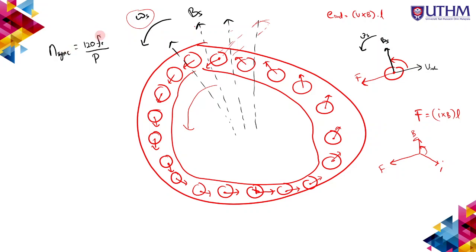From the power supply, it will generate the stator current. Okay, and then it will produce a magnetic field, and from the magnetic field it will induce voltage, and then it will generate current in the rotor.